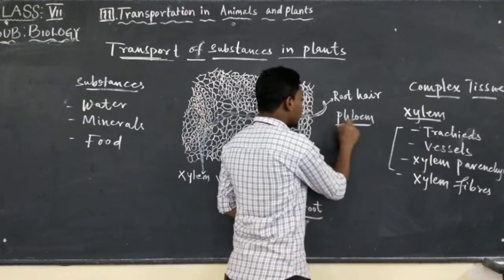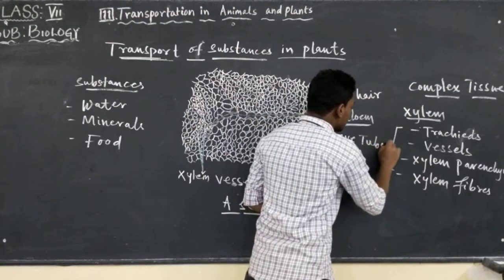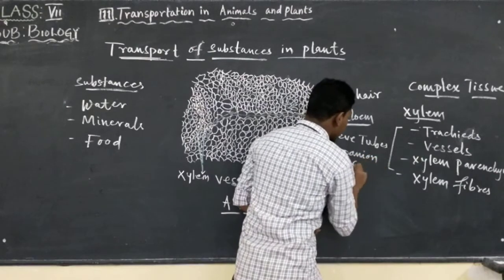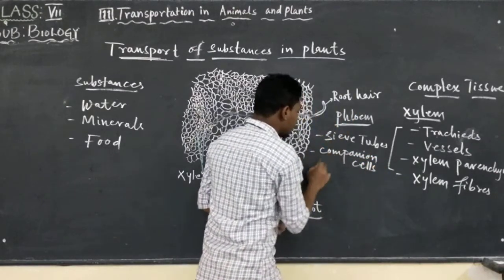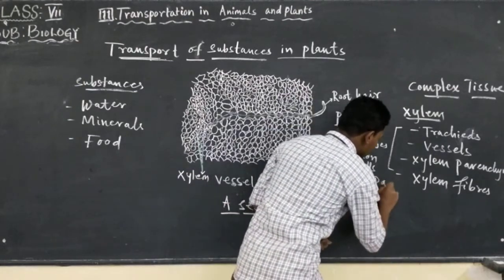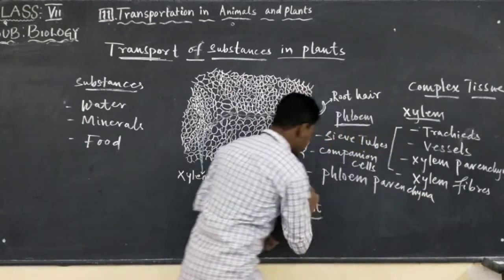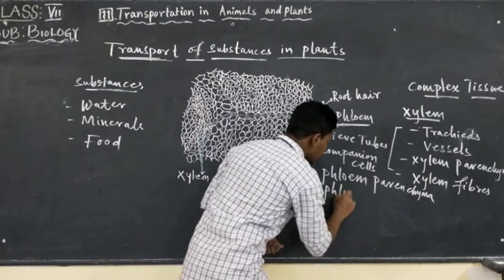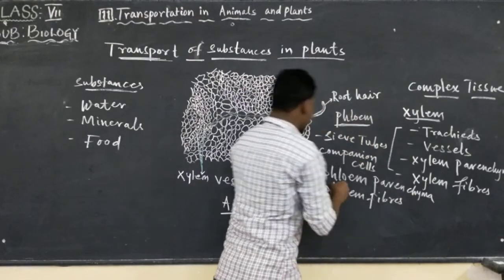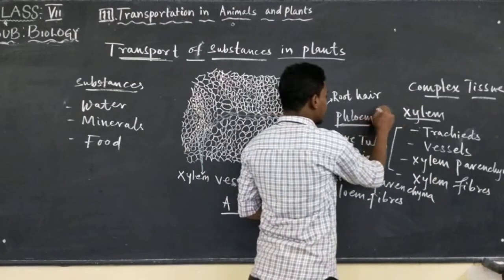They are sieve tubes, companion cells, phloem parenchyma, and phloem fibers. These are the four types of cells, and that's why it is also known as complex tissue.